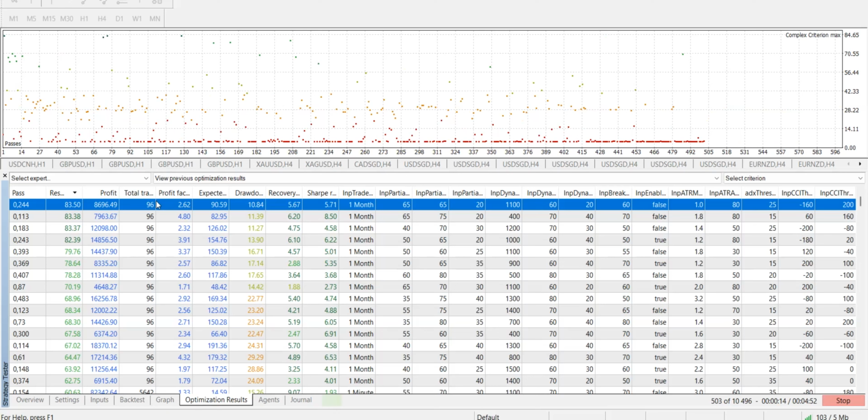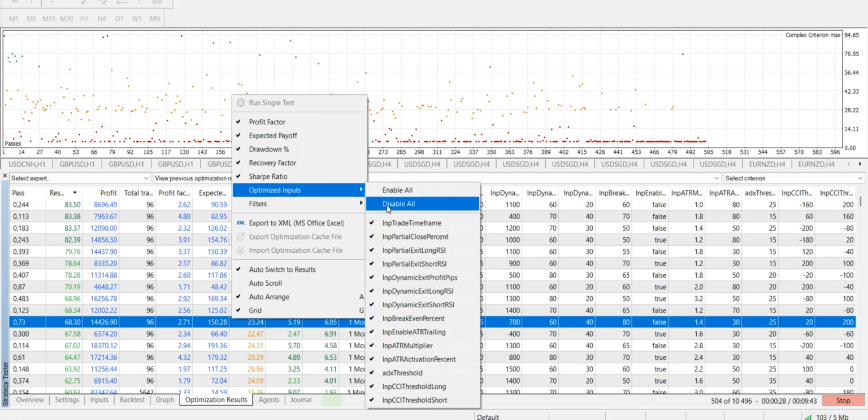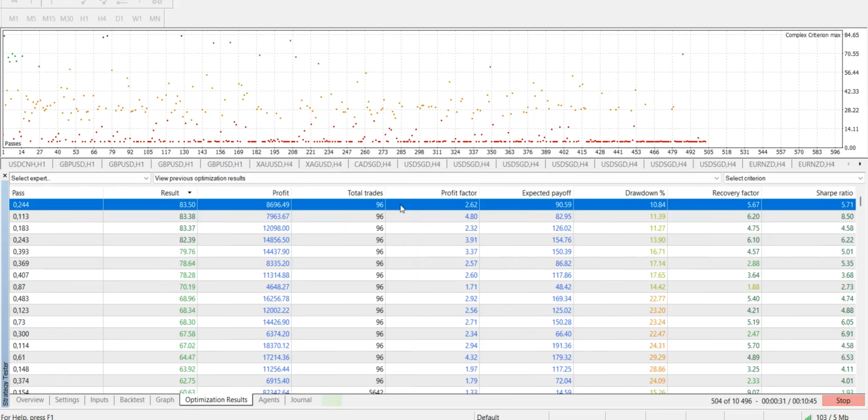We had 10,000 trades, but now we have around 100 trades, so it is very different if you are doing this. I am showing it to you by disabling all the parameters and showing only the recovery factor, Sharpe ratio, profit factor.